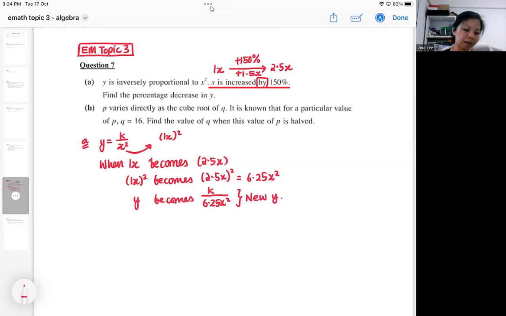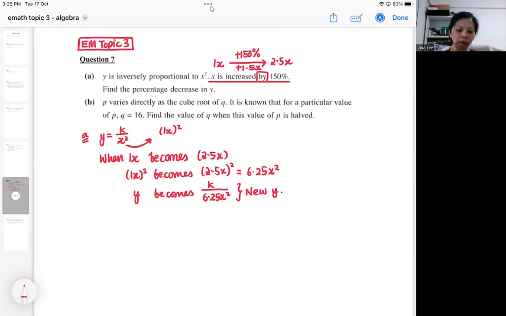Now the question is asking you for the percentage decrease in y. If you want to find the decrease, you can do a subtraction. If you do new minus old, you will get a negative number because it's a decrease. So I'm going to find the decrease by doing it the other way around. I'm going to get the original one, which is supposedly bigger because there's a decrease.